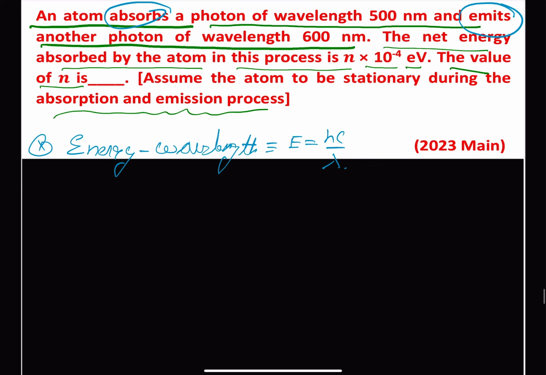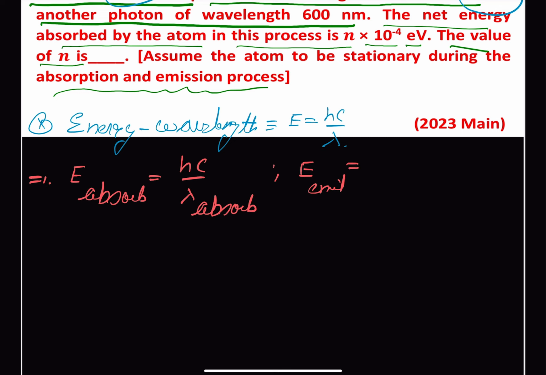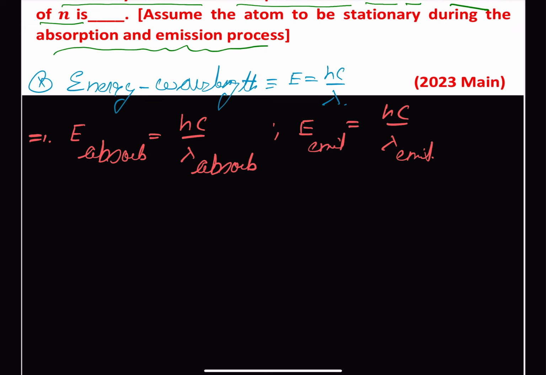Okay, so we have to find out the net energy. Net energy will be the difference in energy. Therefore, we can say that energy absorbed will be equal to hc upon lambda absorbed, and energy emitted will be equal to hc upon lambda emit. Now we can just find out the difference.